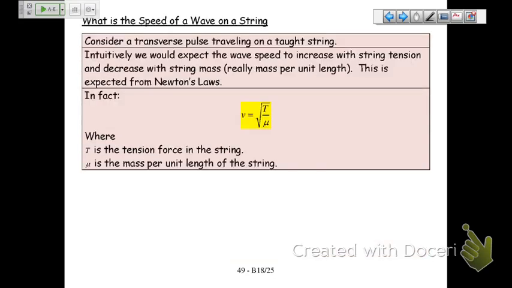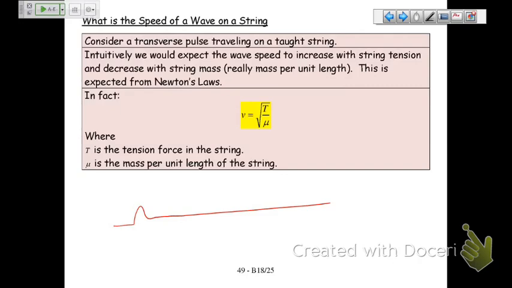Next. What is the speed of a wave on a string? So this comes up in lab. We say consider a transverse wave pulse, so that's going down a string, taut, meaning stretched. Intuitively, we would expect the wave speed to increase with string tension because it's more connected, and decrease with string mass per unit length, because it's more sluggish.